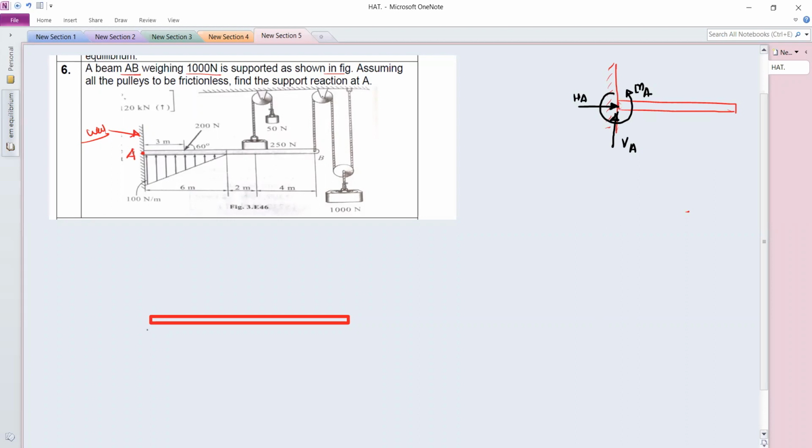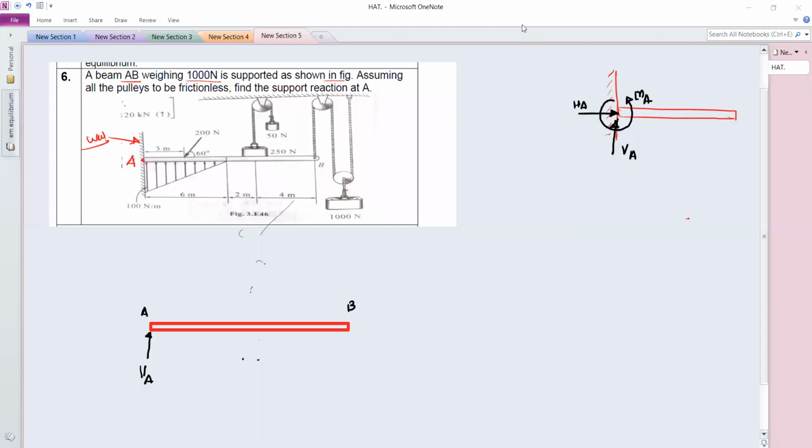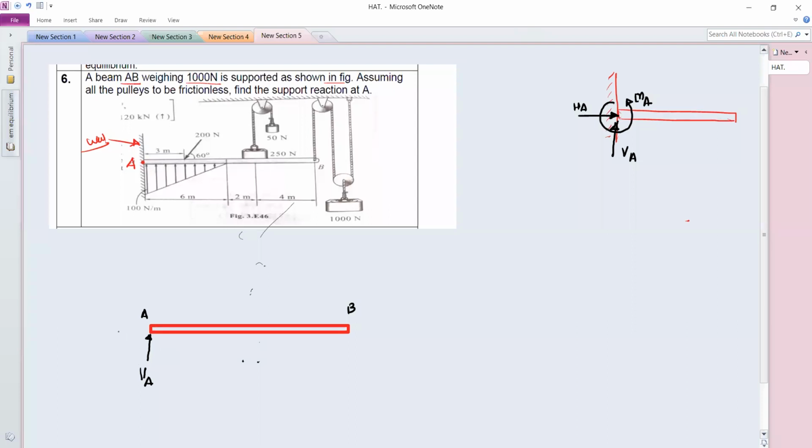Now at point A, so this is your point A. So at point A, you will have VA, which is a vertical reaction.